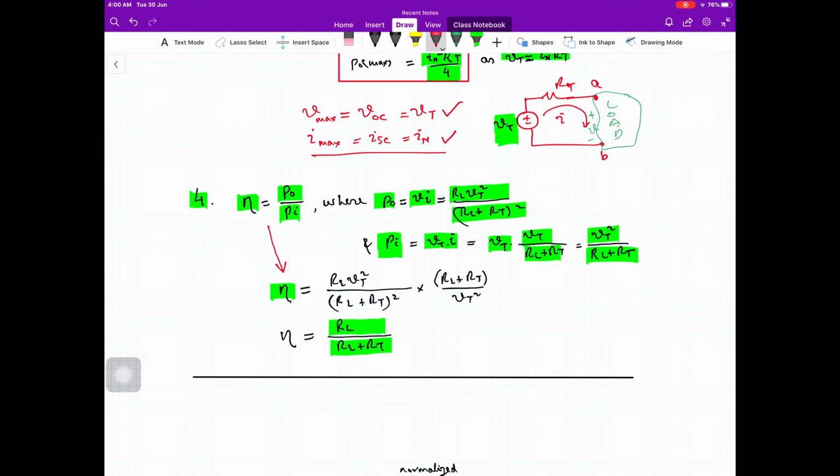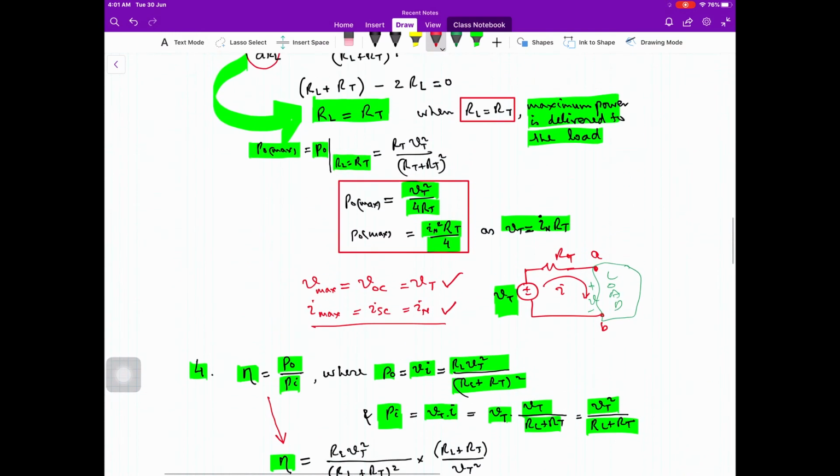We will also see what the efficiency is when RL is equal to RT and maximum power is delivered to the load.